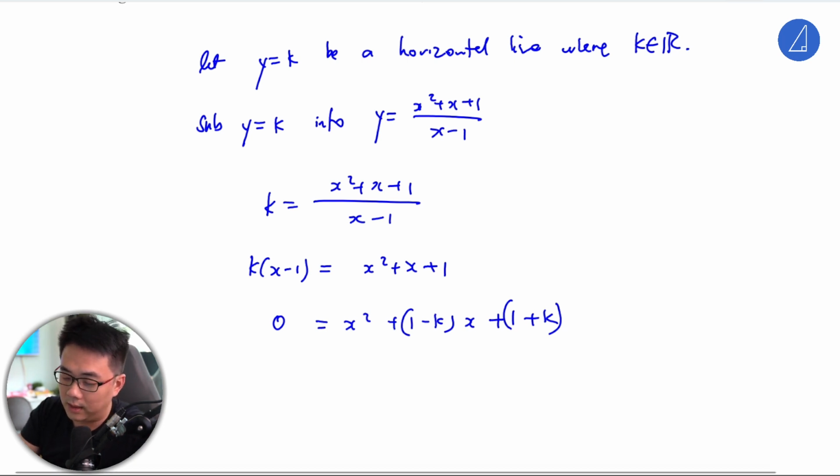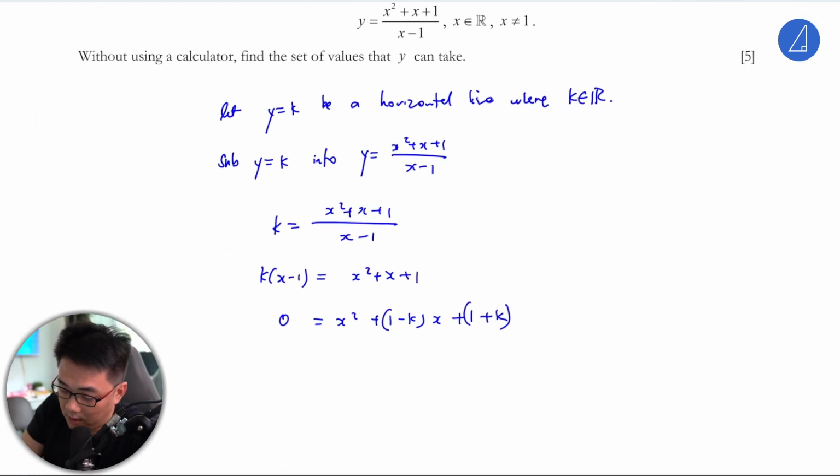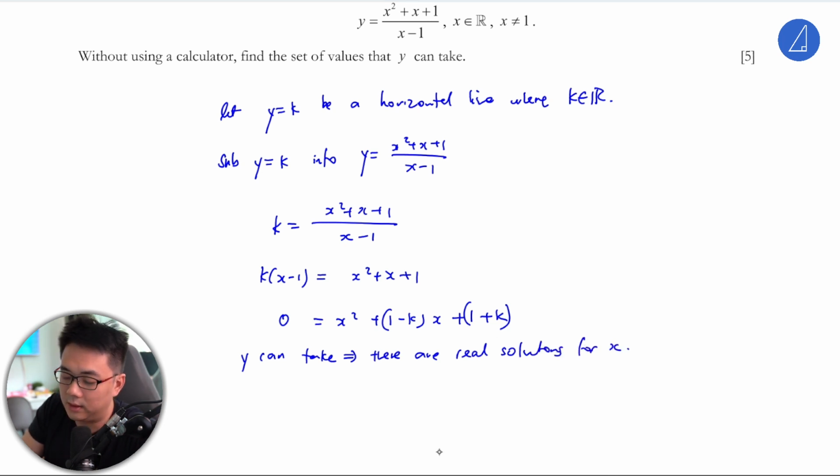Then what I'm going to do next is, because this is a quadratic equation, and since y values can be taken, this will imply that there are real solutions for x for this equation.